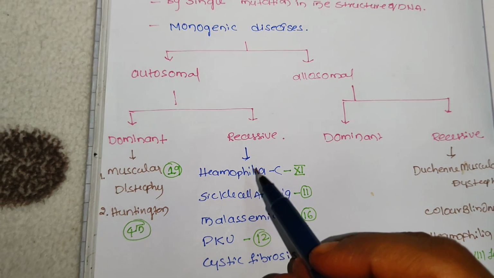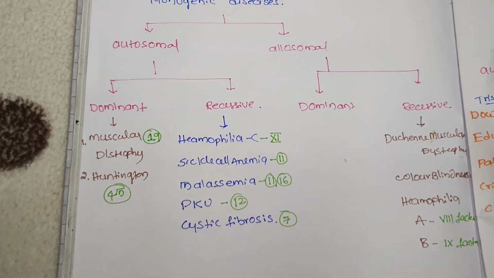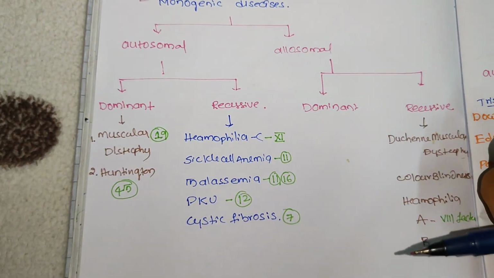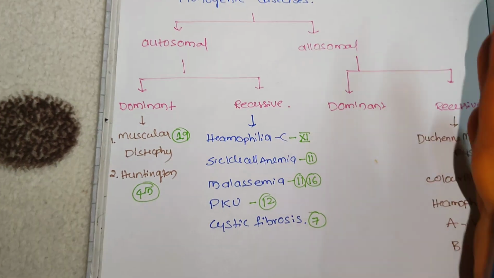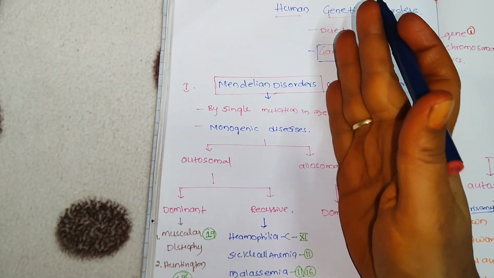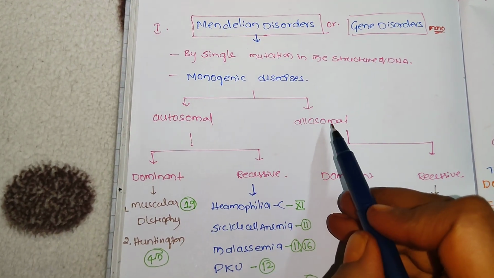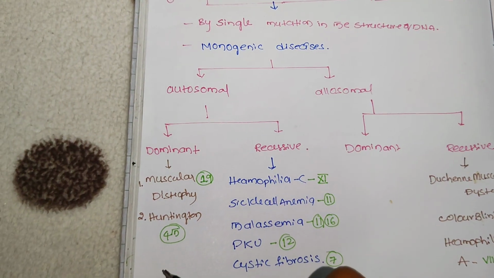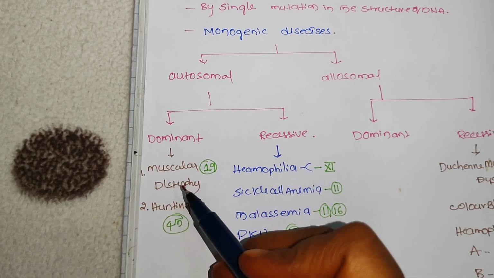Why do we have to remember all these? In MCQs they may ask whether hemophilia is autosomal dominant, autosomal recessive, allosomal dominant or allosomal recessive. So focus: Mendelian or gene disorders are autosomal and allosomal. In autosomal, dominant and recessive. Autosomal dominant are only two, MH or HM: Huntington and muscular dystrophy.